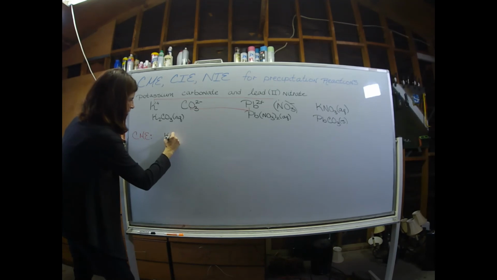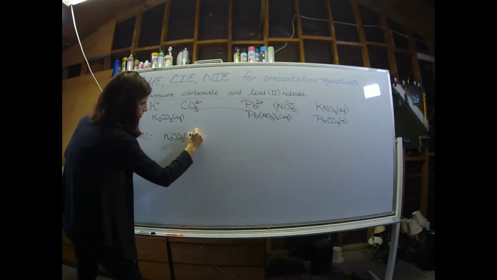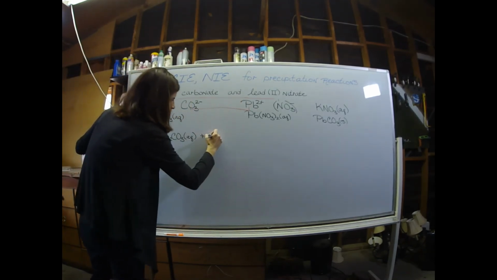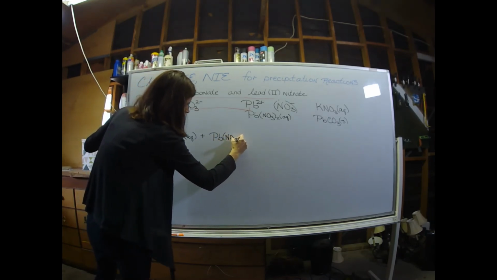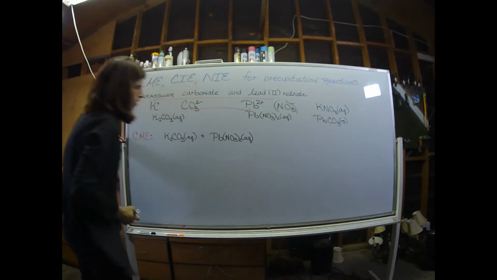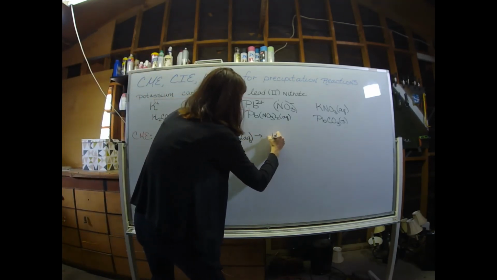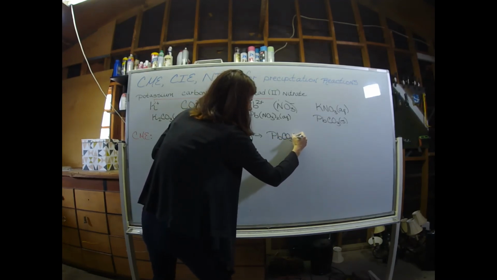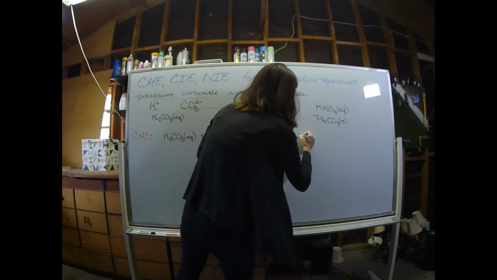So potassium carbonate, aqueous, plus lead nitrate, also aqueous, are combined to form solid lead carbonate, lead 2 carbonate, and potassium nitrate, which will be aqueous.